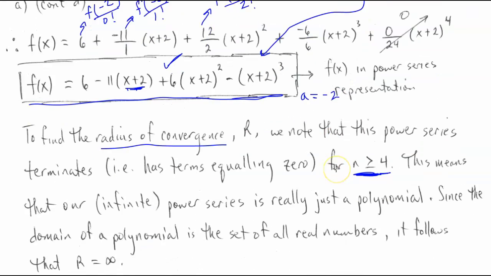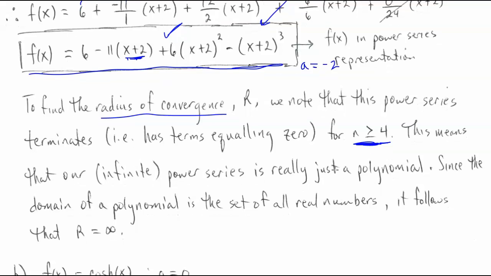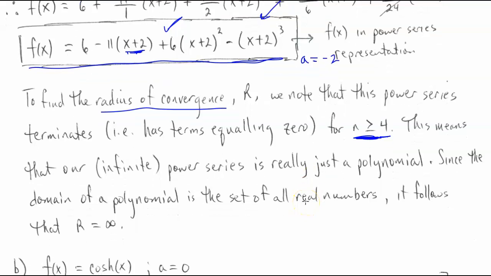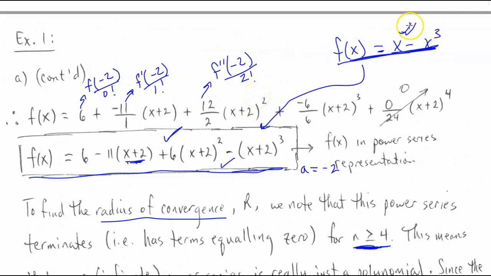Now, this means that our infinite power series is really just a polynomial, and I've addressed that before. Since the domain of the polynomial is the set of all real numbers, it follows that our radius of convergence is infinite. Like I've been saying before, this polynomial is going to represent this polynomial for all values of x, because the domain of this particular function is all real numbers.